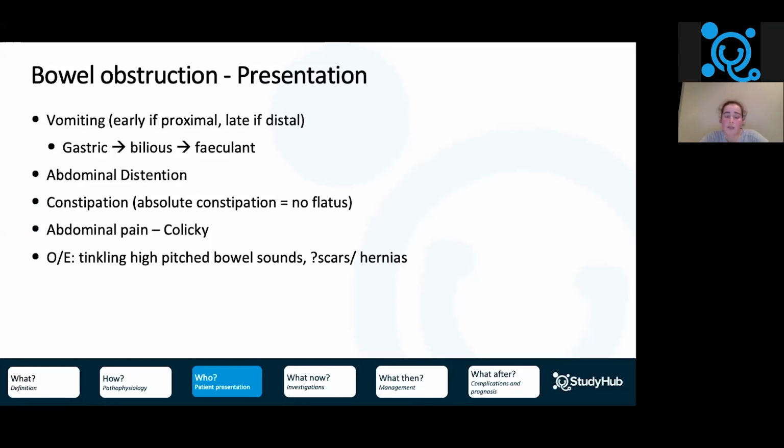The patients have abdominal distension and absolute constipation, by which I mean they're not passing stool and they're not passing any flatus either. They tend to have a colicky central or suprapubic abdominal pain. On examination, apart from having a distended and tympanic abdomen, they're going to have these tinkling, mechanical, high-pitched bowel sounds.